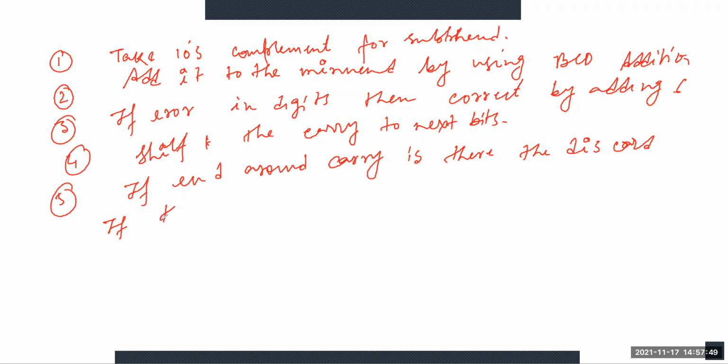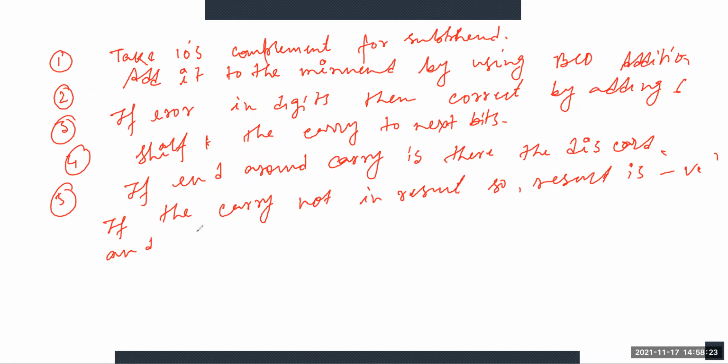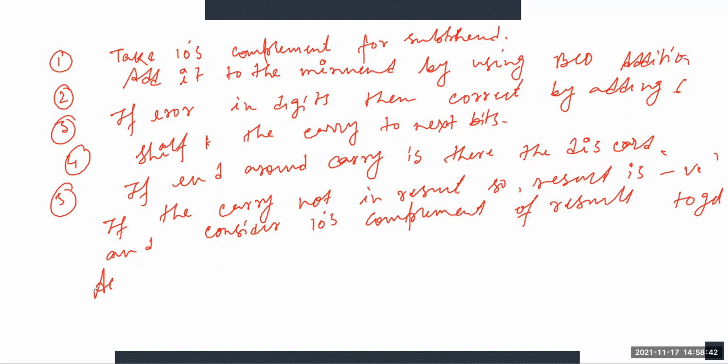If the carry is not in the result, then the result is negative, and consider the tens complement of the result to get the actual value.